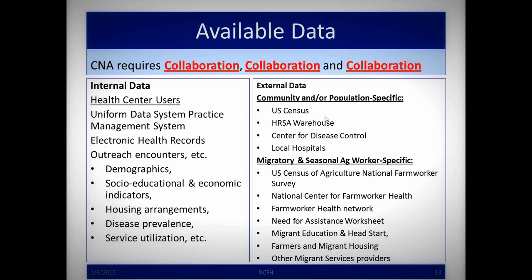You can also find population-specific information in the UDS census, in the HRSA Data Warehouse, as well as the Centers for Disease Control and Prevention. And please don't forget that local hospitals need to conduct community needs assessments. So when you work with them, you may also be benefiting your needs assessment as well as theirs.